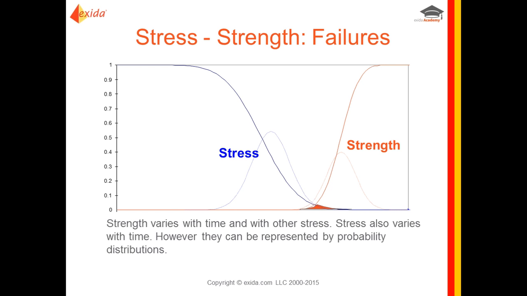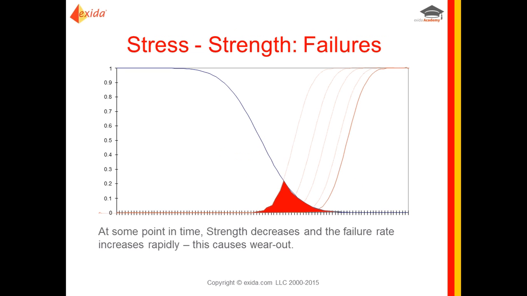So it's very hard to accurately understand all the variables involved in stress and strength, but they can be represented by probability density functions. So the failures occur when the stress is greater than the strength, represented graphically by this little section here in red.